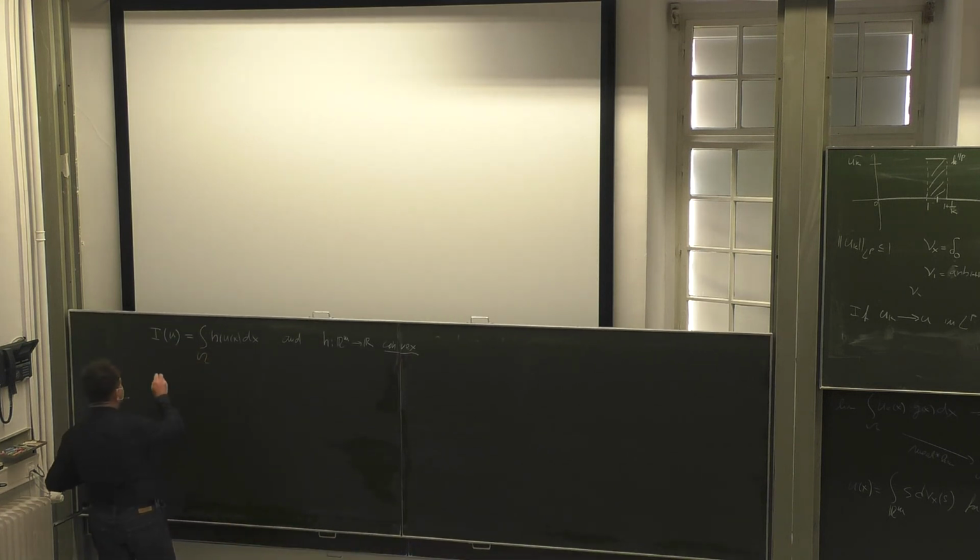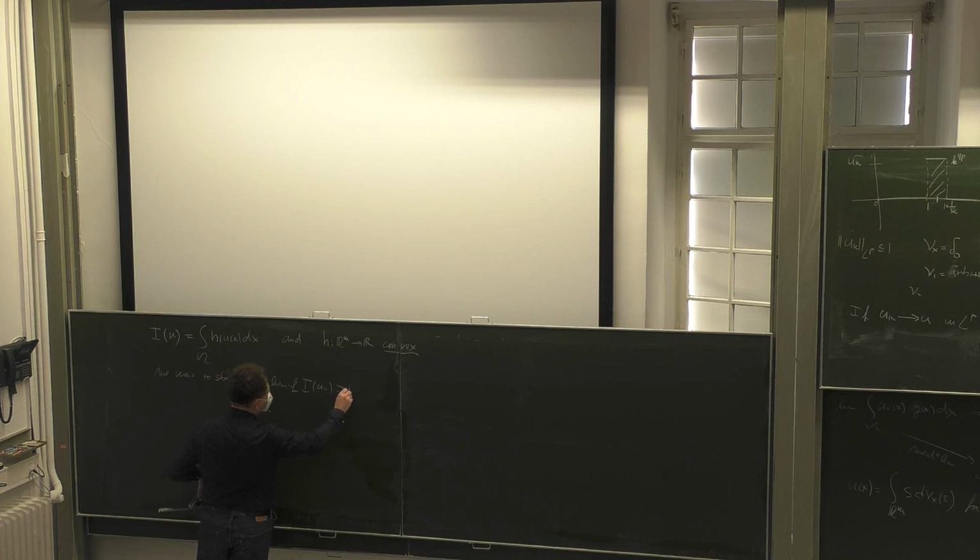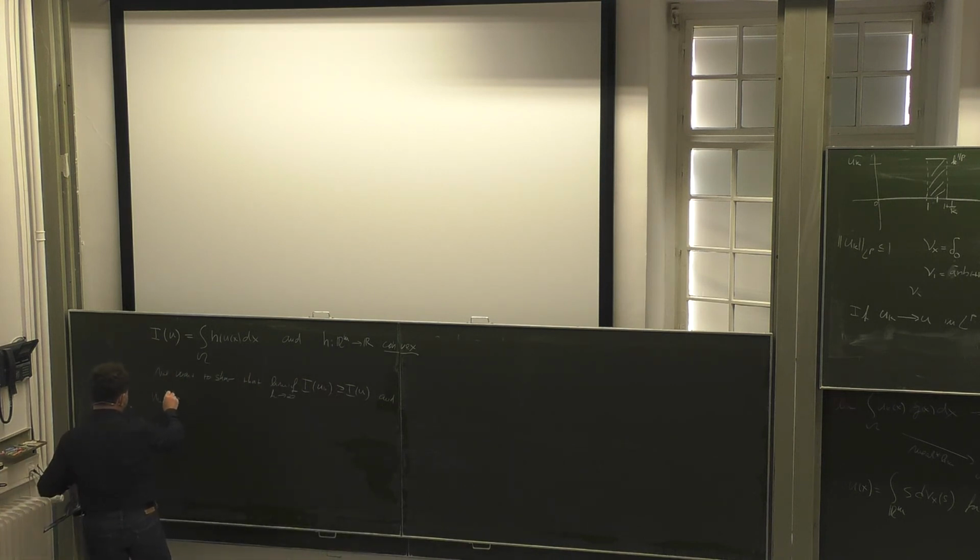And we want to show that the lim inf of I of u_k is bigger or equal than I of u if k goes to infinity and u_k goes weakly star, because we are in L infinity, to u.